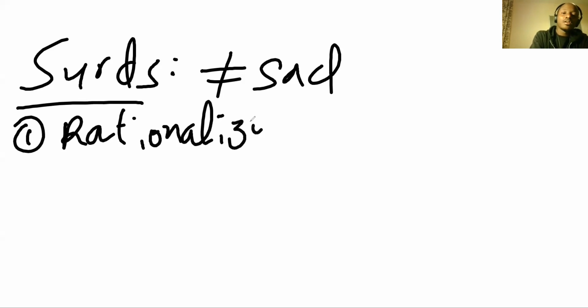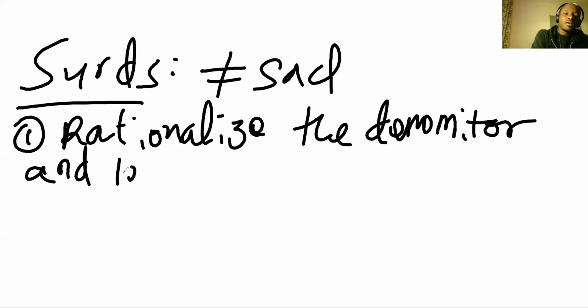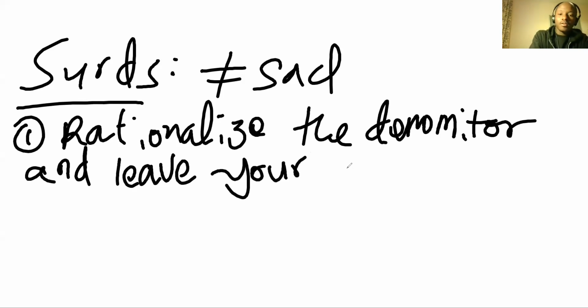It says, rationalize the denominator and leave your answer in surd form.